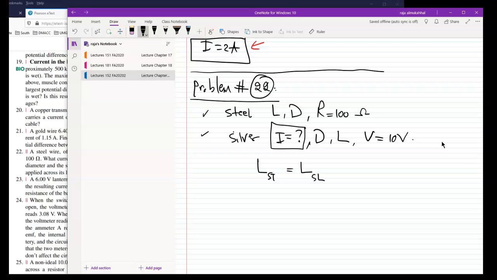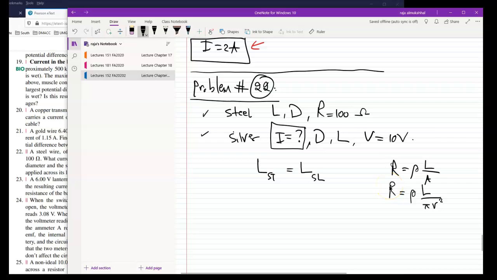The second thing is, I know the formula R equals rho L over A, A being the cross-sectional area. So R, the resistance, is equal to rho L over pi r squared. I'm going to use small letter r for radius. I don't want to use big R because the big R is resistance.